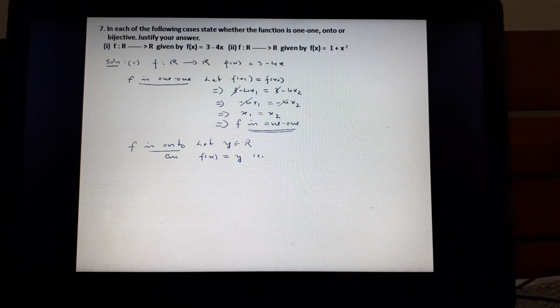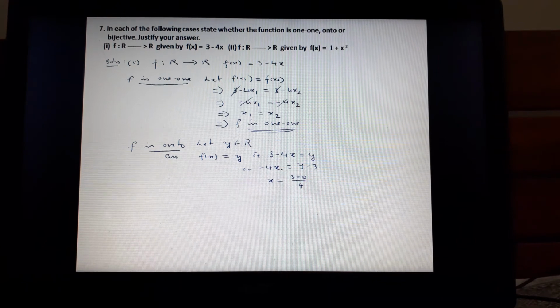So what is f of x? f of x is 3 minus 4x equal to y. So this implies minus 4x equal to y minus 3, or x will be equal to 3 minus y divided by 4.